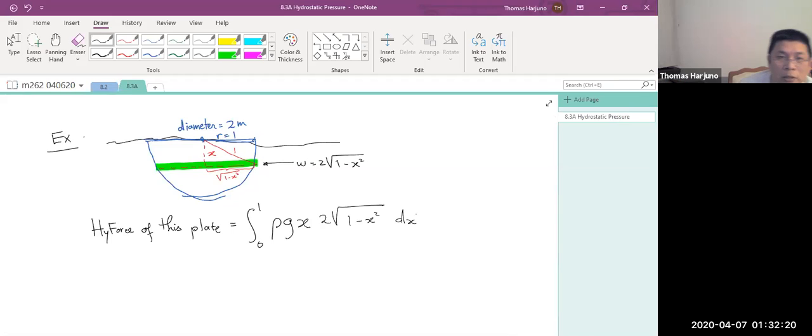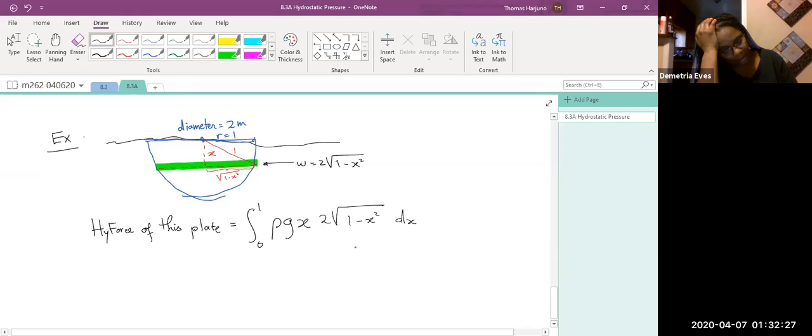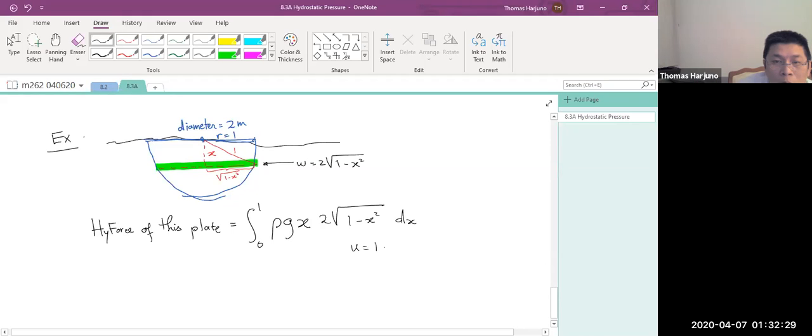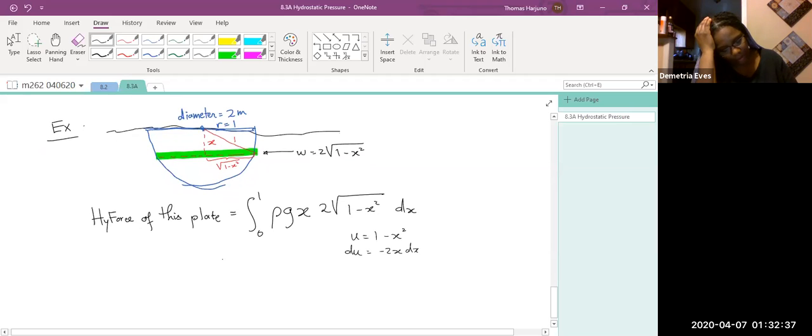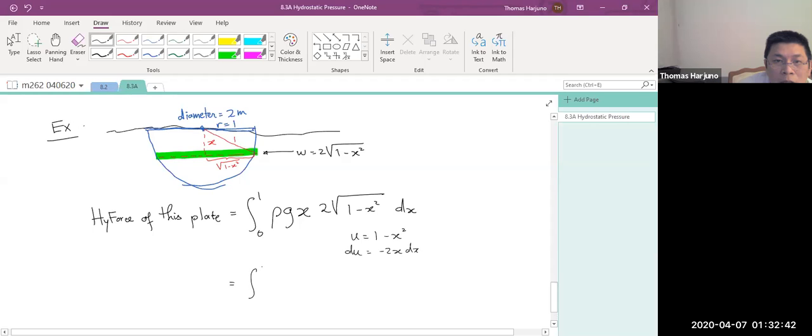Okay. Do you think you can integrate this? Let's see. u equals 1 minus x squared, right? So du equals negative 2x dx. When x is 0, u is 1, and when x is 1, u is 0.